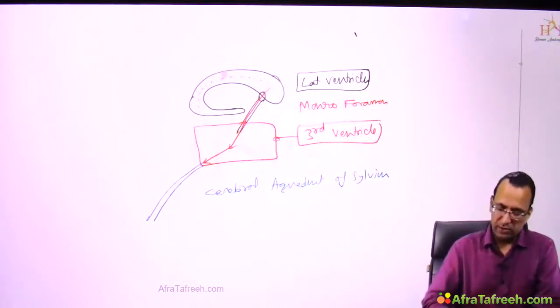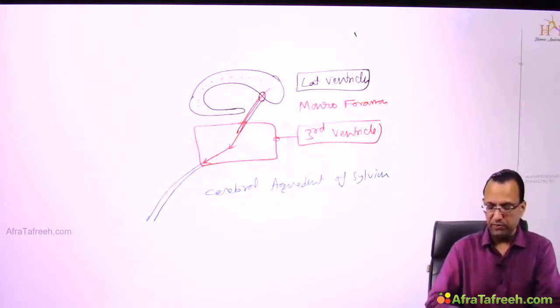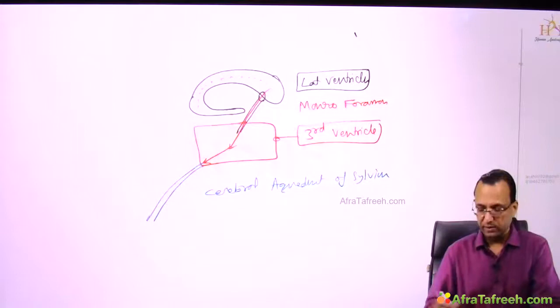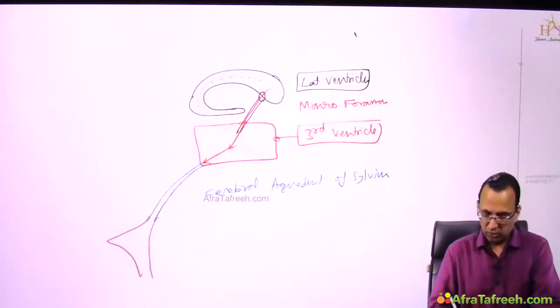So the lateral ventricles had CSF formed, passing through the interventricular foramen of Monro, coming to the third ventricle, and after the third ventricle it is going through the cerebral aqueduct of Sylvius to enter the fourth ventricle. And when you are talking about the fourth ventricle, what is it sandwiched between?